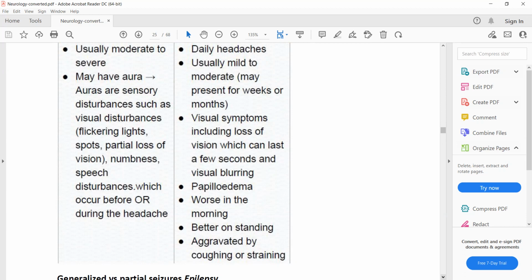The cause of idiopathic intracranial hypertension is increased CSF pressure due to unknown reason. That's why it's called idiopathic. Maybe the water content of CSF increases, due to which a patient develops increased intracranial pressure and these headaches, which are worse in the morning, better on standing, and aggravated by coughing or straining.